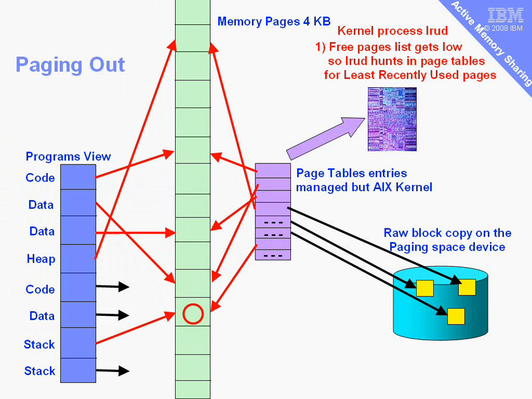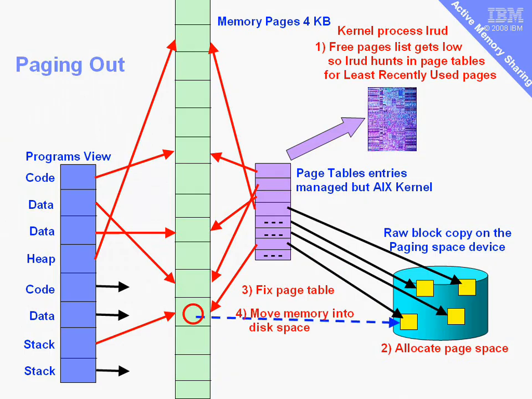So it's decided that this is a very old page, it hasn't been used for quite a long time. We allocate some paging space on the paging disks. Then we fix up the page table so that we know where we're going to actually put this memory page, so that if we need to page it back in, we can find it. Then we page this memory out onto the disk.